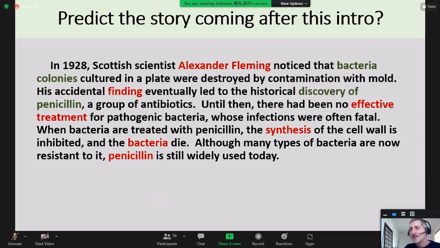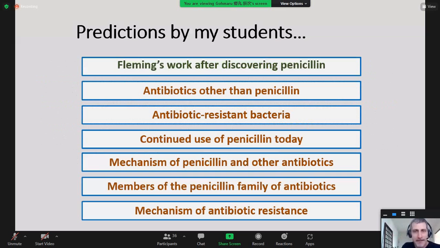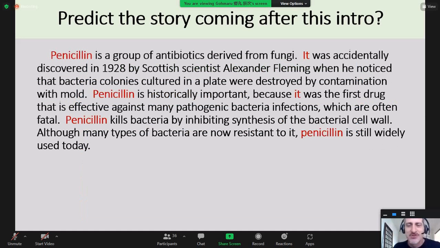So one chuutohanpa solution to this is actually the one that's in the textbook, but this is a little bit more focused. Penicillin is a group of antibiotics derived from fungi. It was accidentally discovered in 1928 by Scottish scientist Alexander Fleming when he noticed that bacteria colonies cultured in a plate were destroyed by contamination with mold.